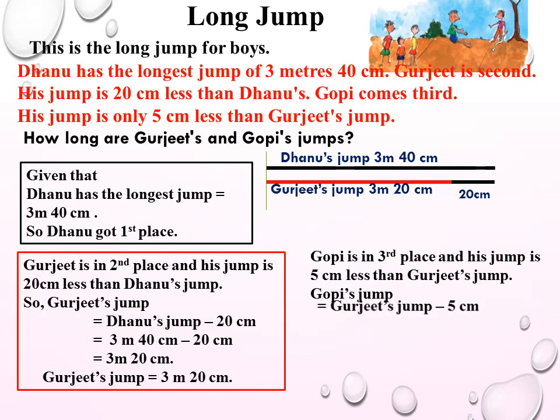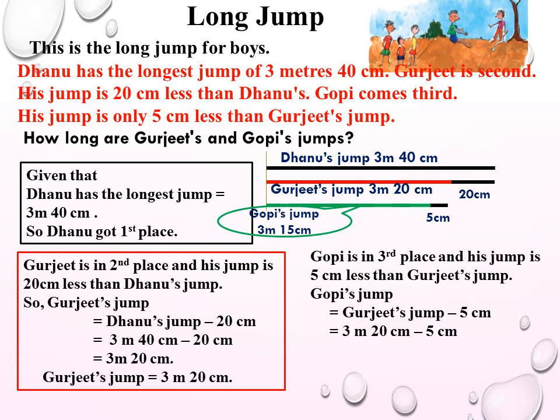Less than means again, yes, subtraction. So Gopi's jump equals Gurjeet's jump minus 5 centimeters. That is 3 meter 20 centimeter minus 5 centimeter, equals 3 meter 15 centimeter. So Gopi's jump is 3 meter 15 centimeter.